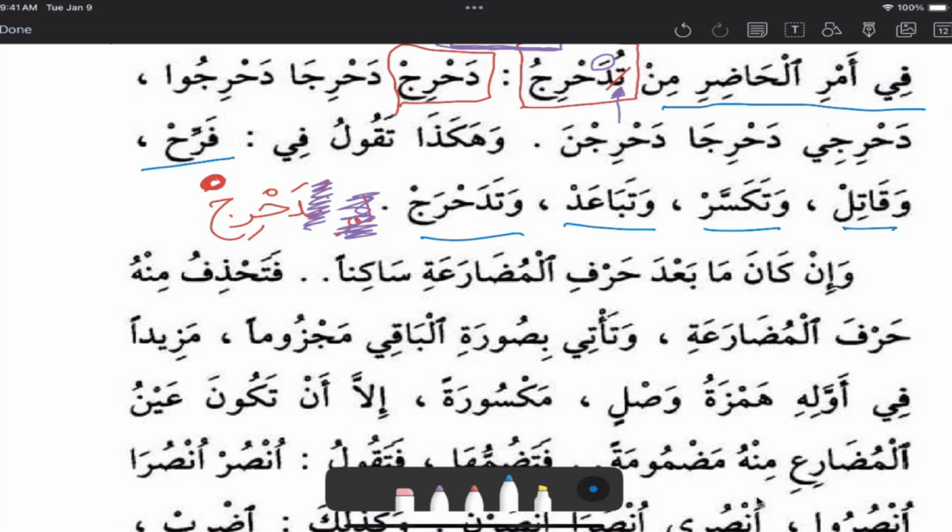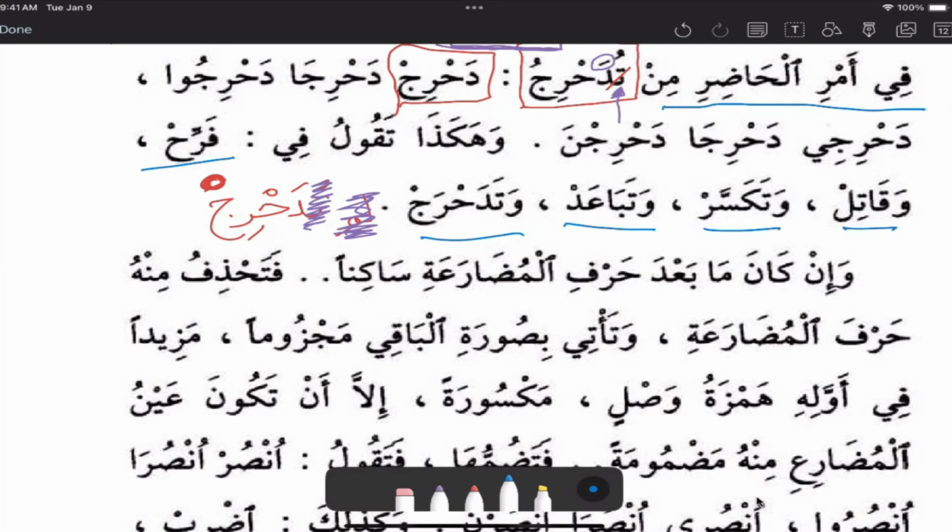And it was for this one here that they took away the hamza for all of them, because they didn't want to have these two hamzas here, u akrimu. Then they took away this hamza here and just kept the mudari one.